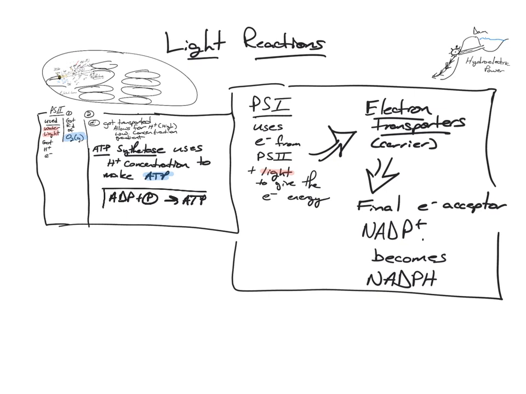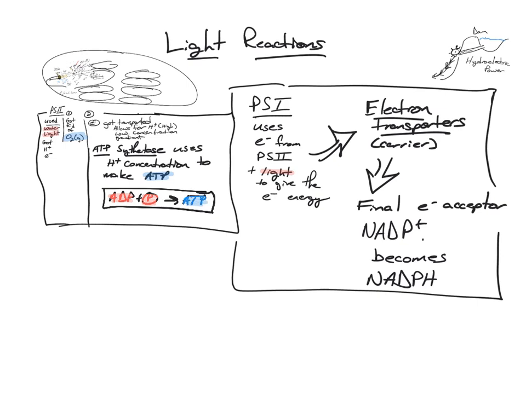So we actually used up some ADP and phosphate as well. We need to get that back somehow, or we're going to run out. We need to get water, and we need to get light, or we're going to run out. These are our limiting reagents, right? But we did make ATP, so that's good.